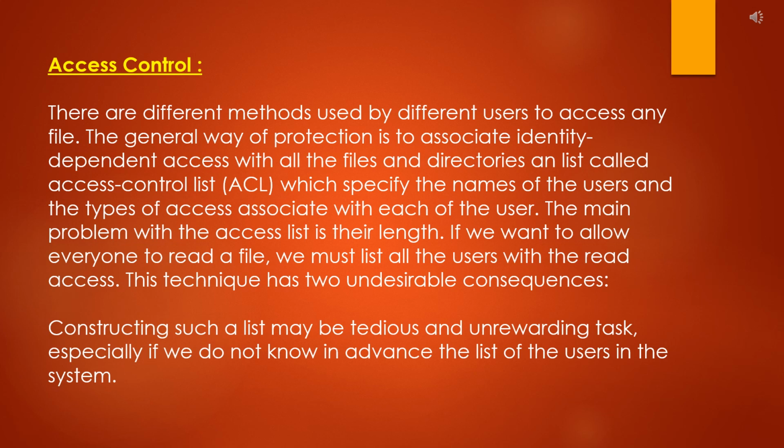The general way of protection is to associate identity-dependent access with all the files and directories, in a list called the access control list, that is ACL, which specifies the names of the users and the types of access associated with each user. The main problem with the access list is its length.